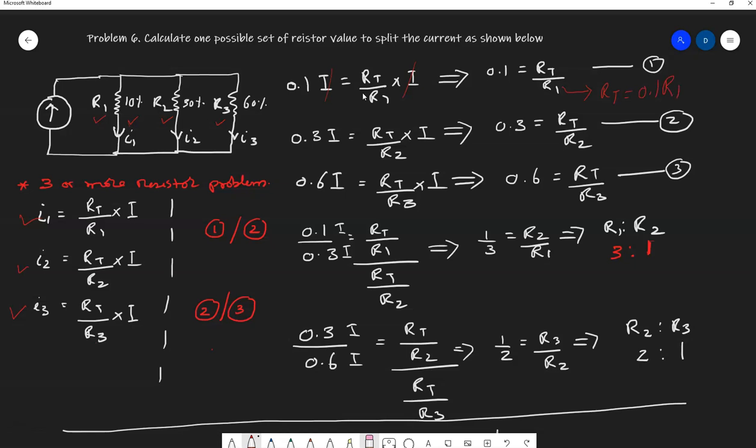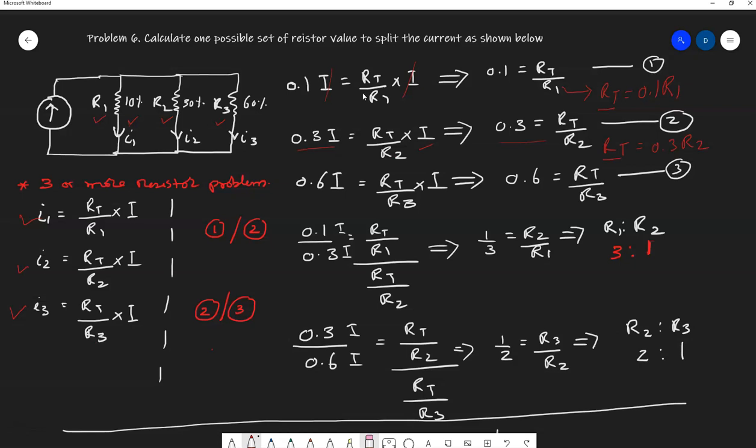For the second branch, the current in R2, we have got 30% of the main current, which is 0.3 times I equal to RT by R2 times I, which will again give you 0.3 equals RT by R2. Here you could have also got RT is equal to 0.3 times R2. Look at that, RT here and RT here as well.